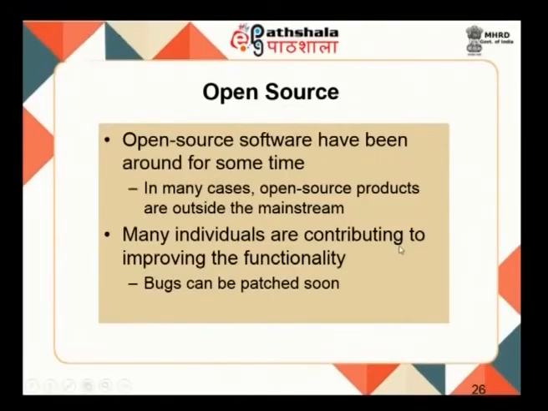We can find a lot of open source software that supports visualization as well as analytics. Many bugs are introduced in such open source tools, but every day we find many more versions coming up. Therefore, in any advanced version, such bugs can be identified and fixed.